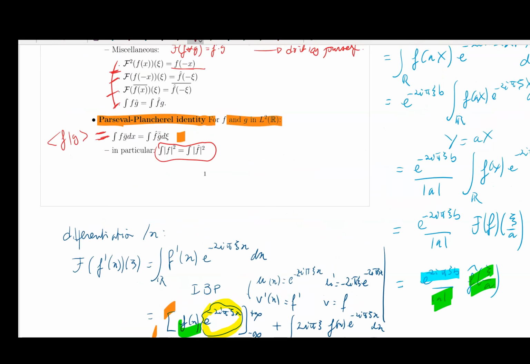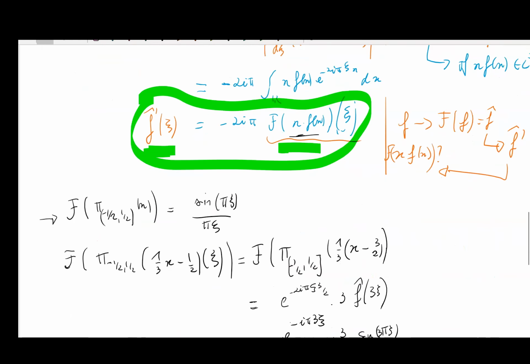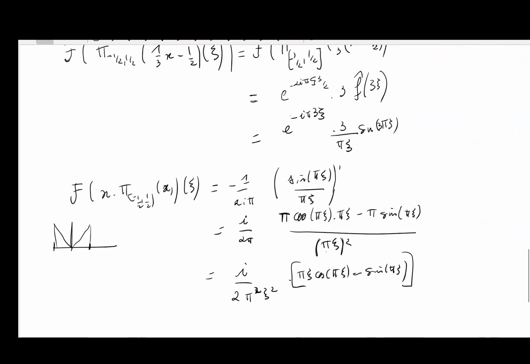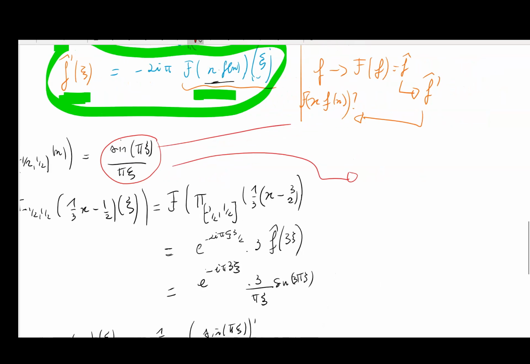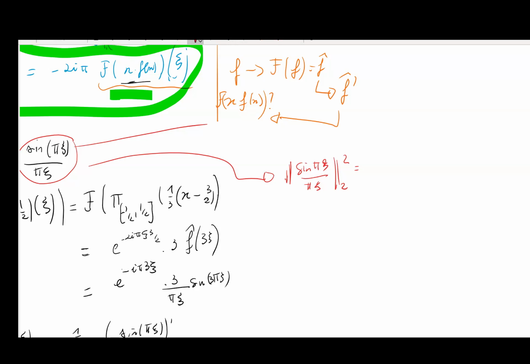Again, don't forget that this kind of equality is two-sided. What does that mean? For instance, if I ask you to find the L2 norm of sin(pi xi) over pi xi, that would be quite complicated. What would that give you? Take the L2 norm to the square so that it's easier to compute.